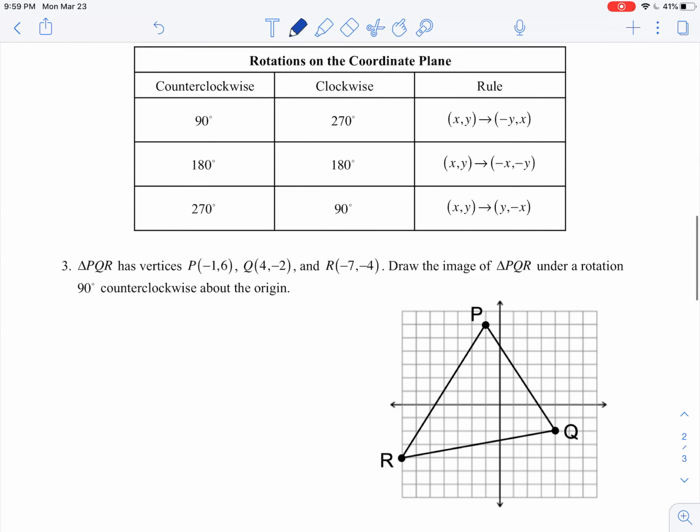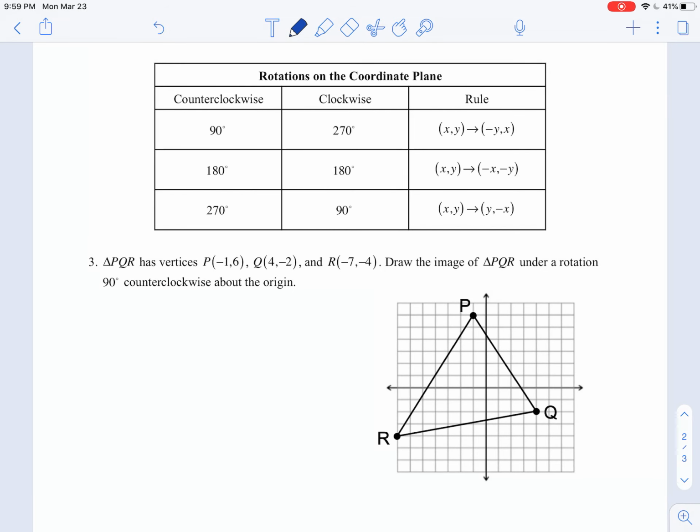You are going to be required to be able to do rotations, any multiple of 90 degrees, on the coordinate plane. So these rules up at the top, you should memorize. Notice that there are essentially 3 different rules, but they correspond to 6 different rotations.